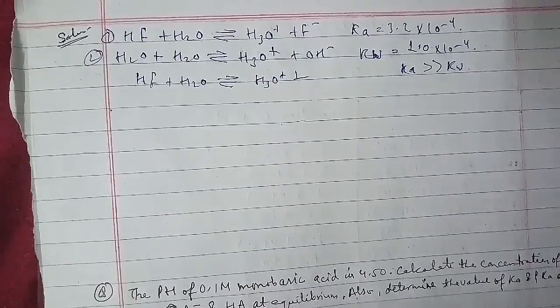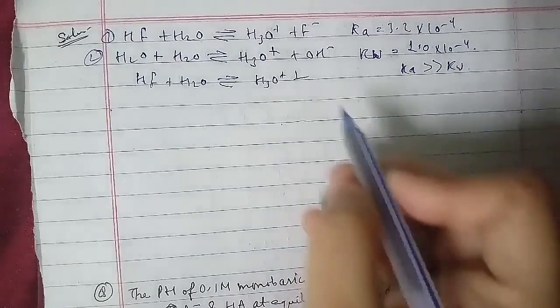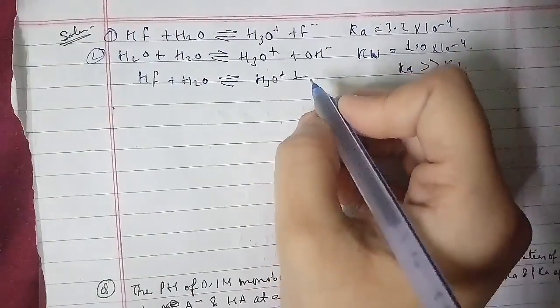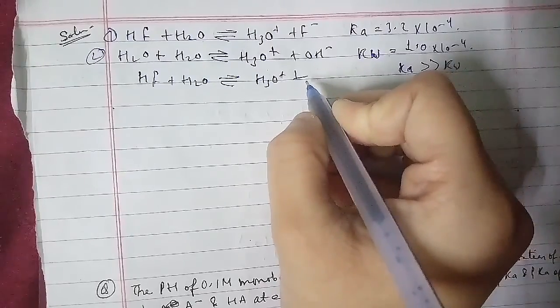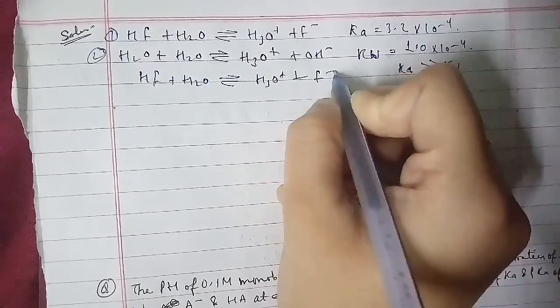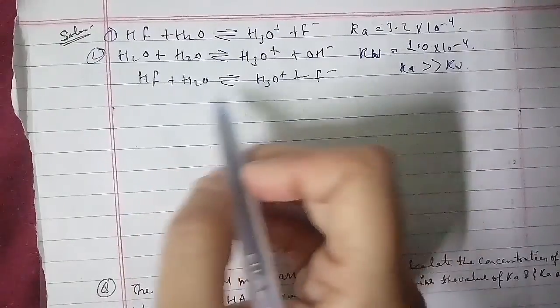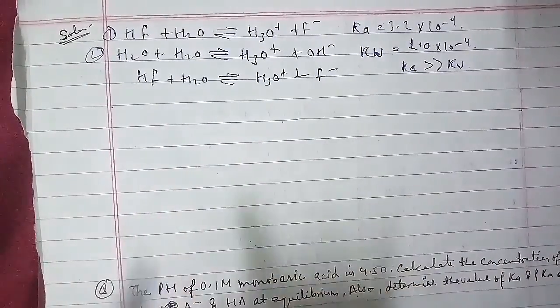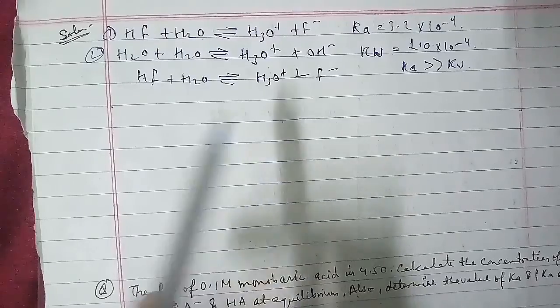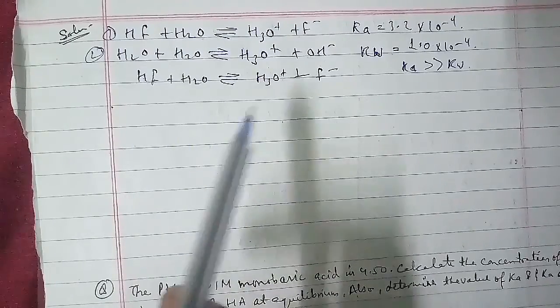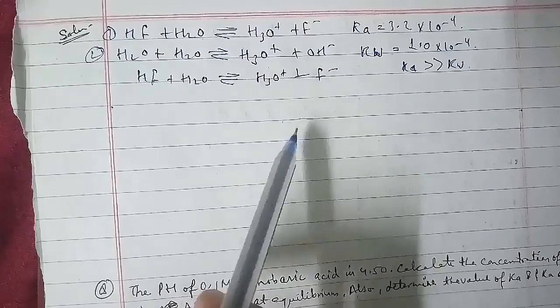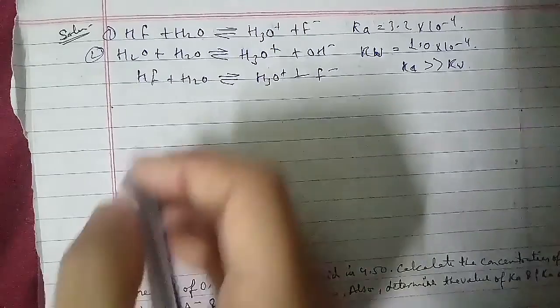Then the equilibrium concentrations of the species HF, F- and H3O+ are given: H3O+ equals F- equals C alpha, that is 0.02 × 0.12, which on solving gives 2.4 × 10^-3 M.